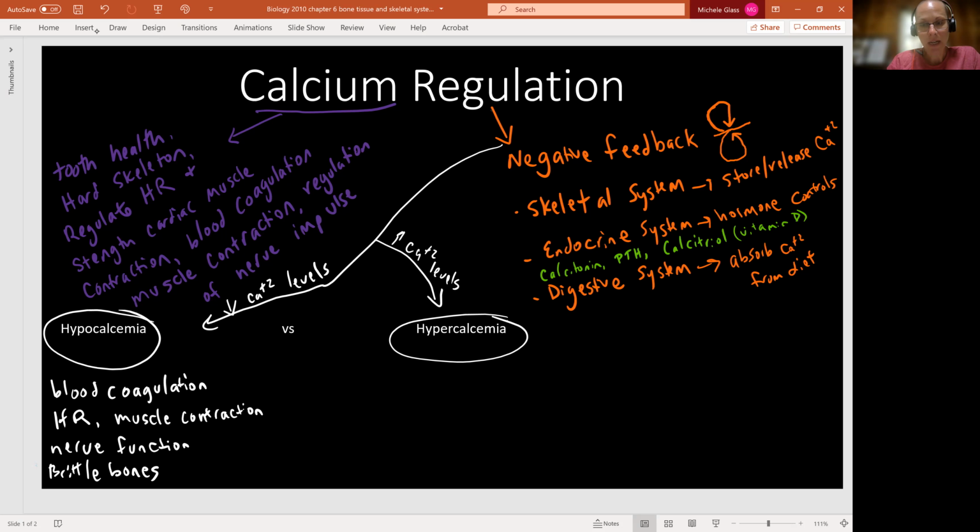On the other side of this spectrum, hypercalcemia, if you have elevated calcium levels, this is also bad. So we'll actually see a decrease in our nervous system functions, which we'll see and feel as lethargy. We'll see sluggishness. We'll see constipation.